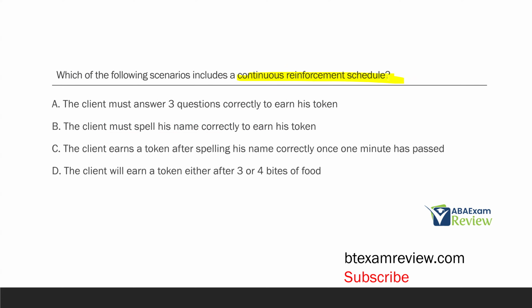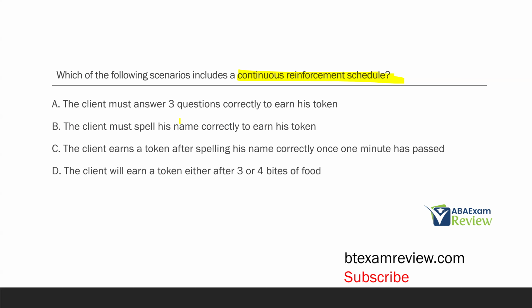Everything else is considered intermittent because every other reinforcement schedule involves more than one response or an extended period of time before reinforcement is given. So just keep in mind, every continuous reinforcement schedule is an FR1. Everything else is intermittent. So if the scenario is asking for a continuous reinforcement schedule, we know we're looking for a fixed ratio 1 schedule.